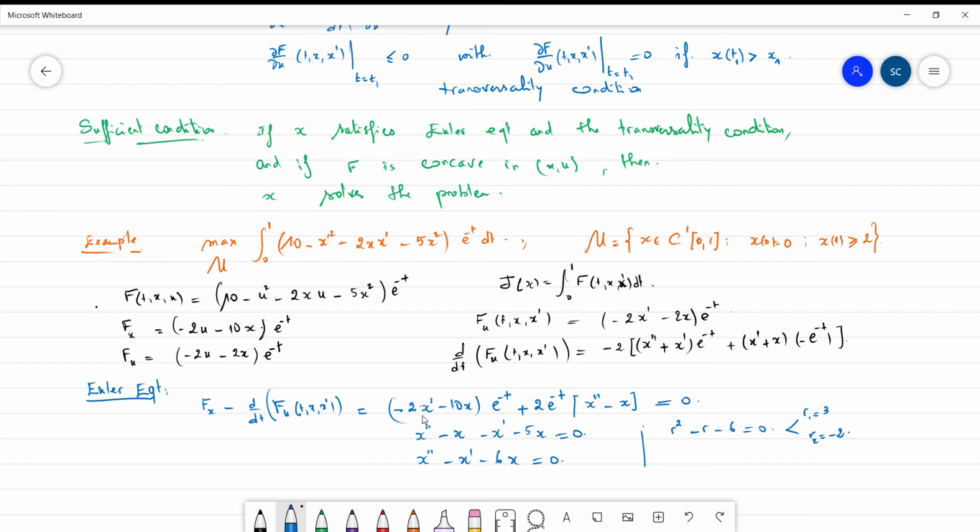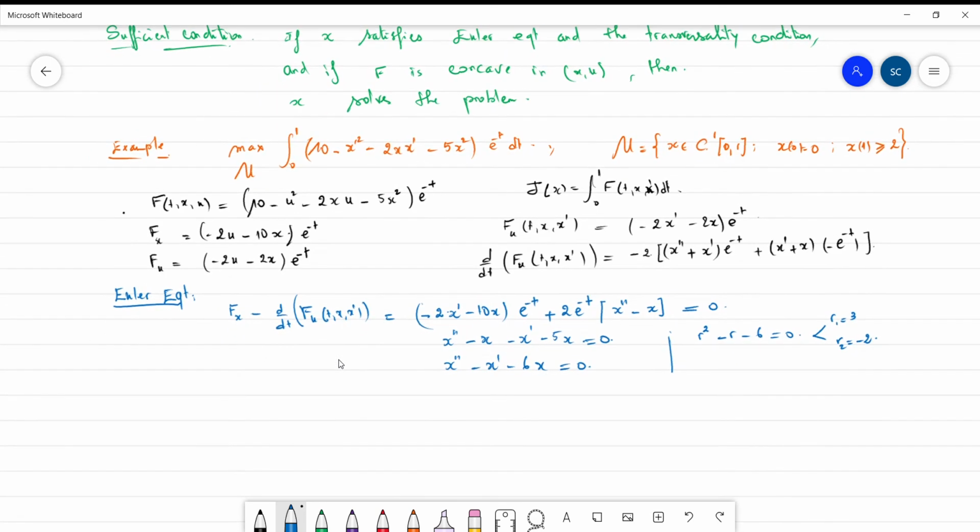Let's write just the general solution. So x(t) will be, from the equation, x(t) equals a e^(3t) plus b e^(-2t). Okay, from Euler.